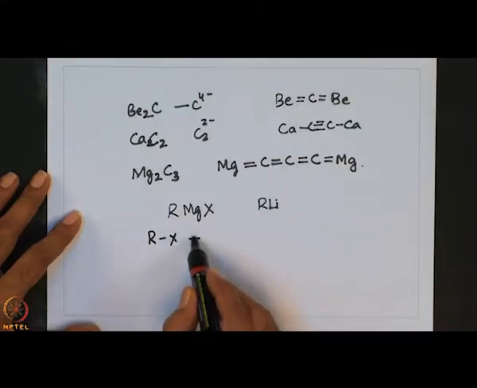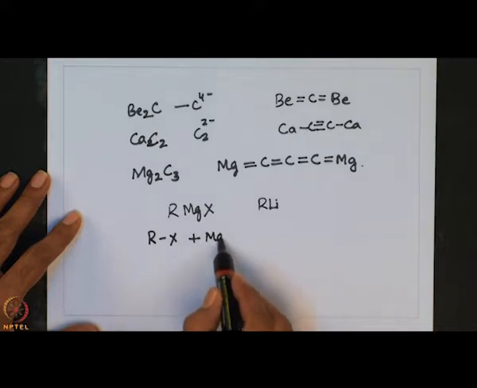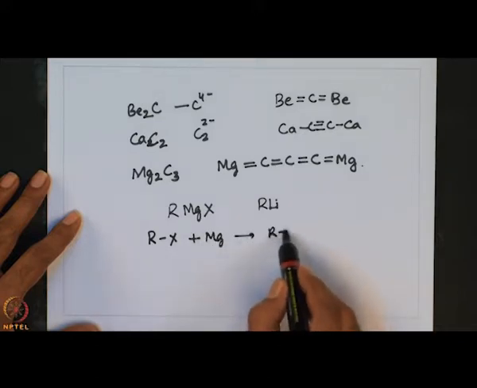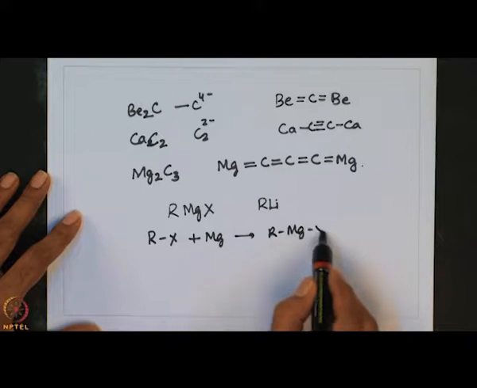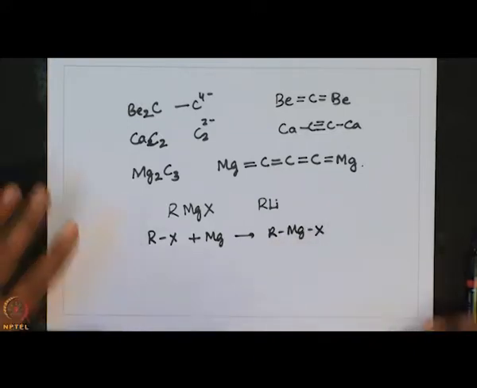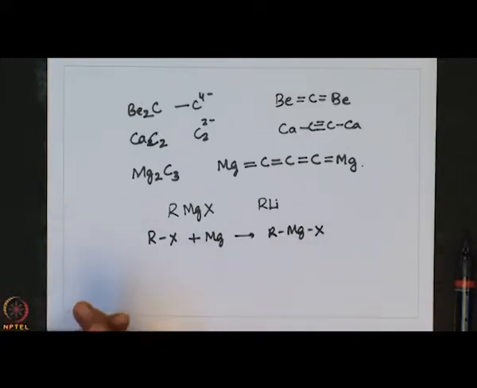RX plus Mg gives RMgX. Okay. So, RMgX is always solvated by ether, giving a tetrahedral geometry to magnesium, and is widely used in the preparation of organic compounds or in carbon-carbon bond formation reactions.